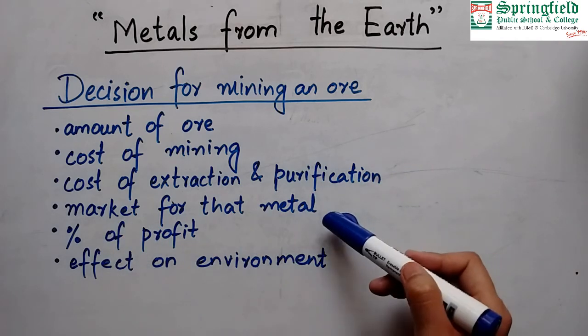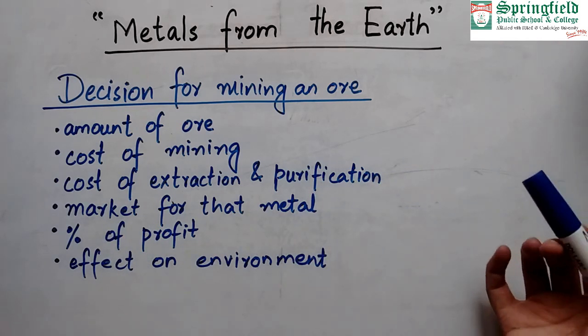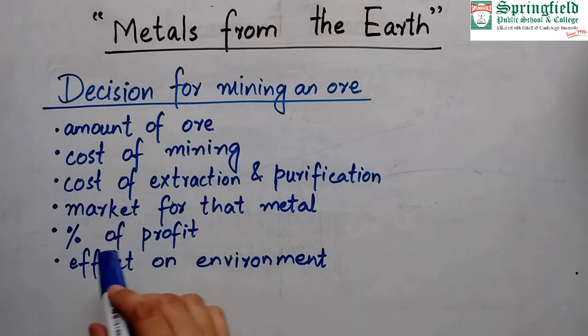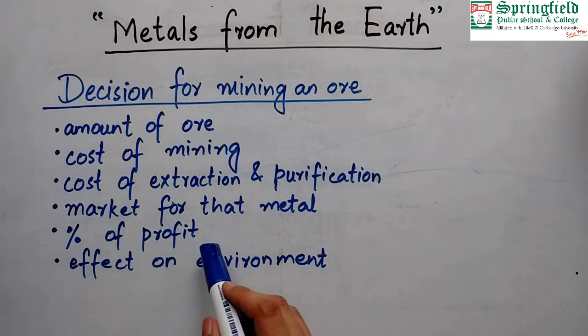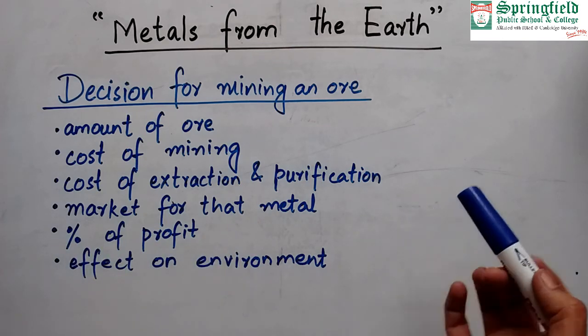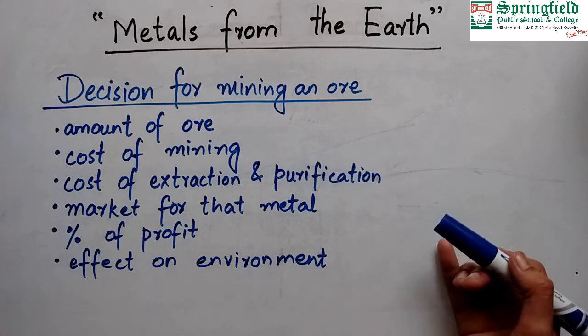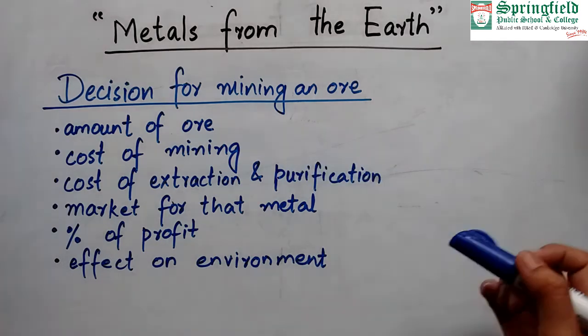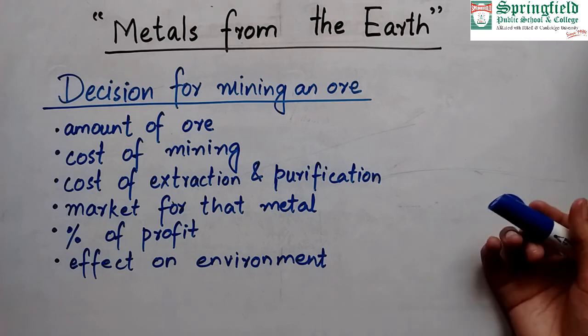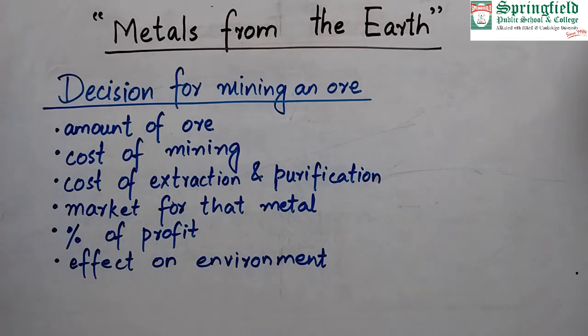Then the market for that metal, is there a large market for it or not? Then the percentage of profit, how much profit can be gained if we mine, extract and purify this metal, and what is the effect of this extraction on the environment, is it environment friendly or not? Then we decide whether we can mine an ore or not.